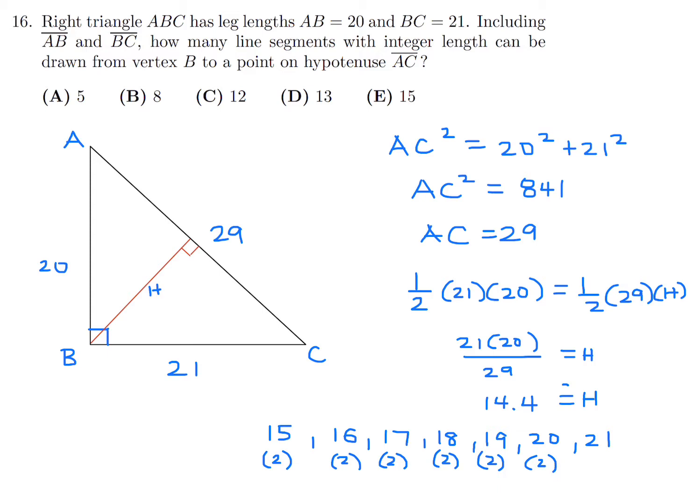But 21 can only be drawn in one way, and that is from B to C. So I got 2, 2, 2, 2, 2, 2, 1, and when you add those up, it is going to be 6 times 2 plus 1, 13. So number 16, the answer is D.